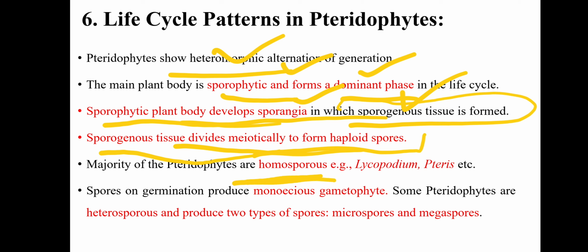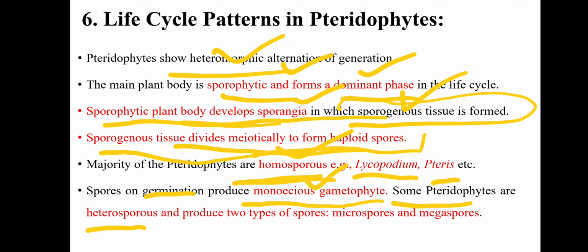The majority of pteridophytes are homosporous, that means producing similar types of spores, for example Lycopodium, Pteris. Spores on germination produce a monoecious gametophyte. Monoecious means both antheridium and archegonium are present on the same prothallus.